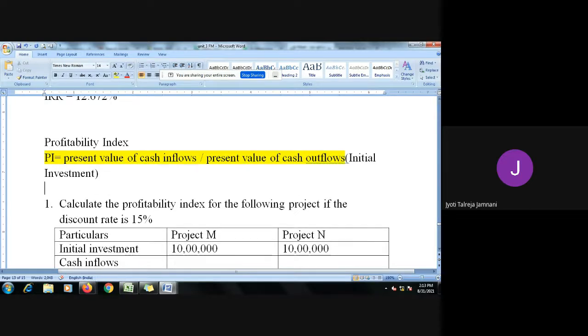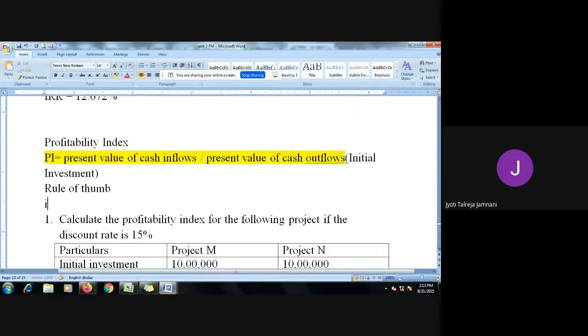Now, what is the rule of thumb for this technique? How do we say that we are going to accept a project or reject a project? If your profitability index, I'll call it PI, is greater than 1, we accept the project.